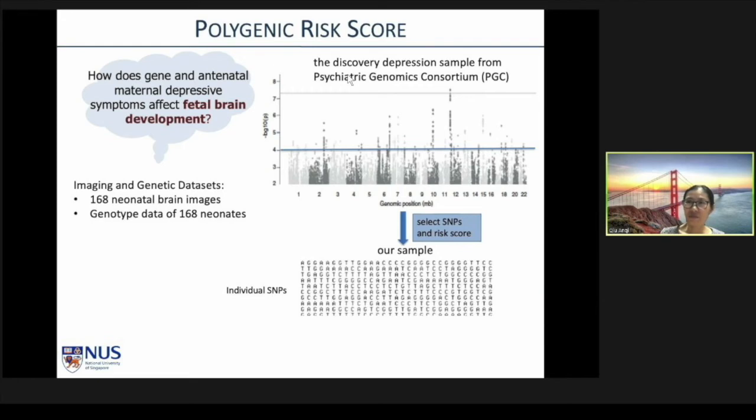The polygenic risk score is calculated for individuals in our sample as the sum of the count of risk alleles weighted by the effect size in the discovery sample. A previous study showed the polygenic risk score for major depressive disorder predicts the risk for depression and modulates the influence of childhood maltreatment on depressive symptoms.